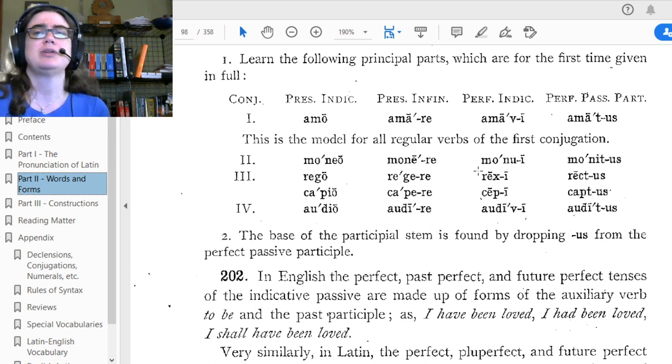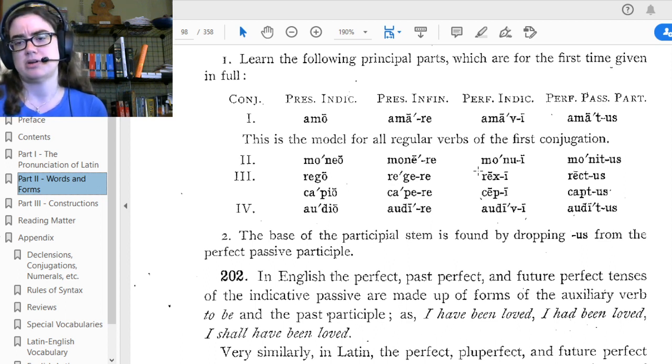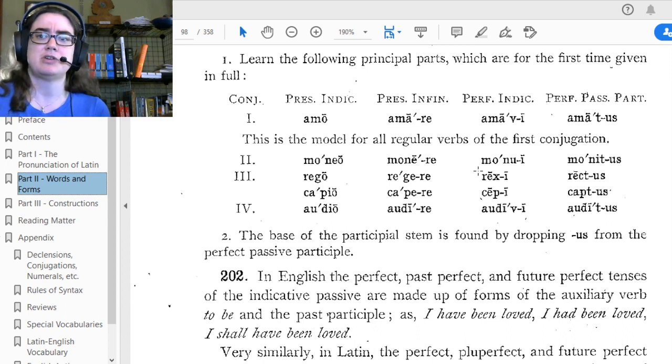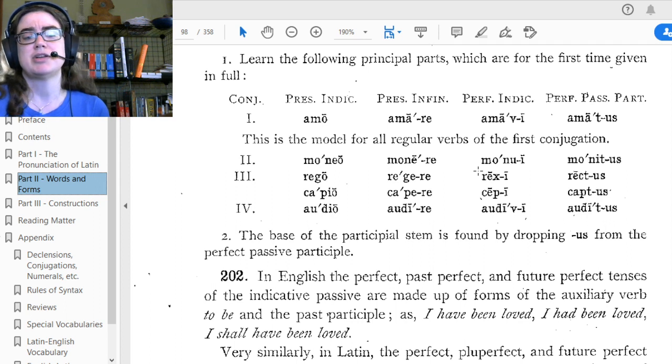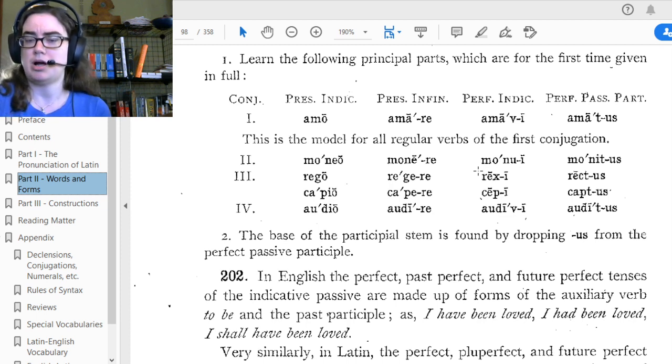A participle is a verbal adjective. So it has the movement of a verb, but it describes a noun like an adjective. Participles are super, super important. There's a total of four participles in Latin. Present active, present passive, future active, and future passive.